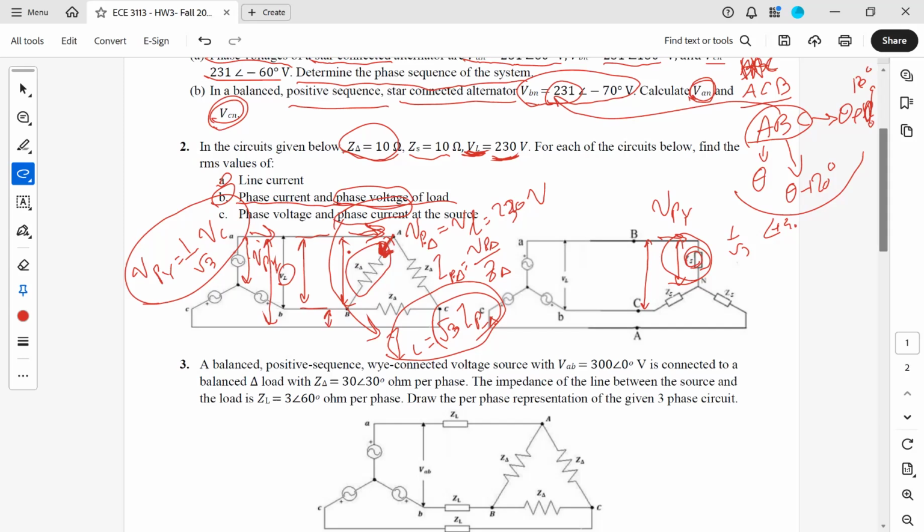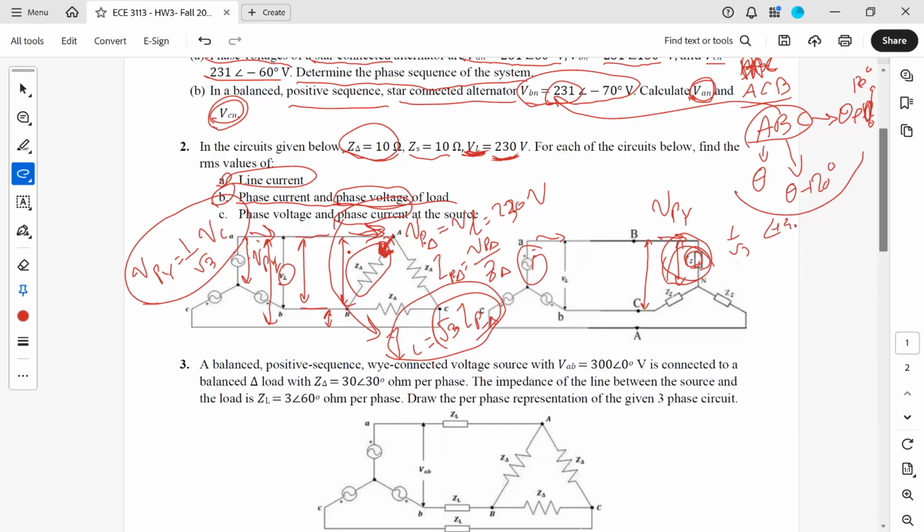So by calculating that current, we already answered part A. Now for the source, we know that the line current between load and source is the same. And because the source is star-connected, the line current and phase current are the same. So the same current that you find here is going to be the phase current for part C.